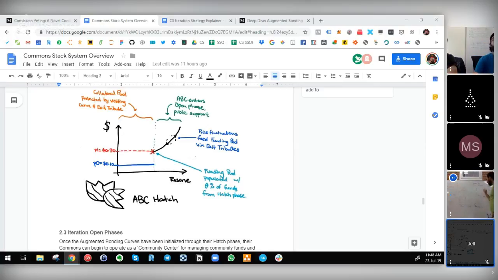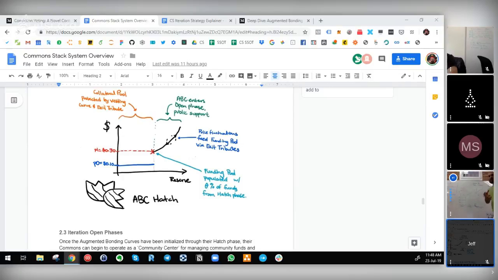Okay. So as you move down the curve, as people start burning their tokens, collateral is constantly being pulled out, but also funding through the exit tribute is growing. So as you move down the curve, the funding pool gets larger, and eventually you'll get to the point, assuming that enough tokens are vested, that holding one token, $1 worth of token, can spend $1 worth of funds here.